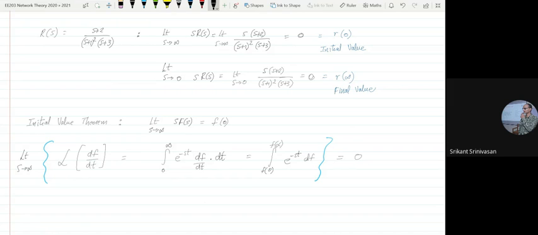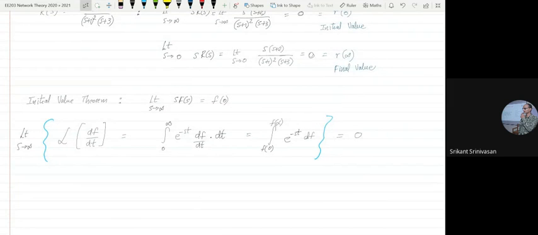And I also know the formula for the first derivative. I know that the Laplace transform of this is also equal to s F(s) minus f(0), right? So now I can equate the two. I know that the Laplace transform of df is s F(s) minus f(0). And I know that limit as s tends to infinity, this term is 0.